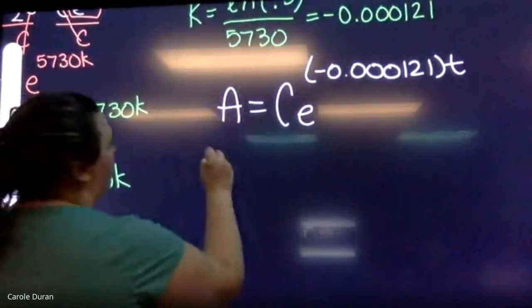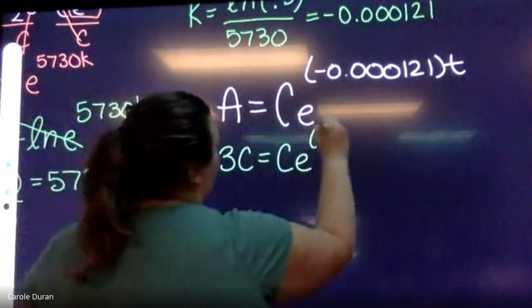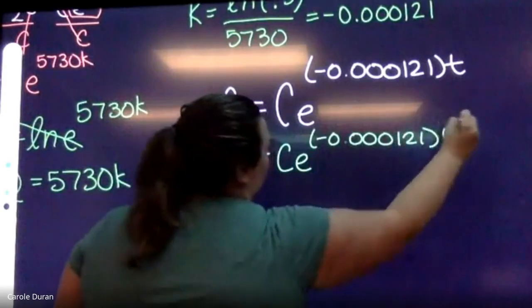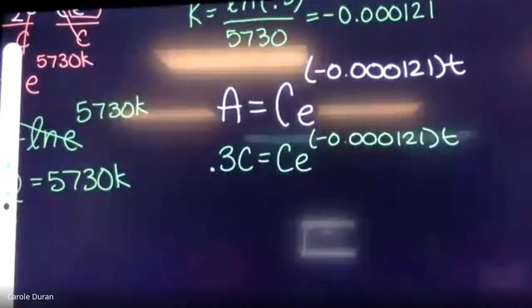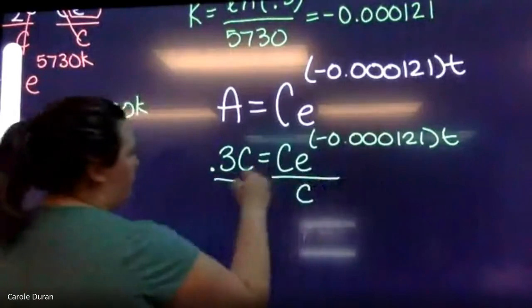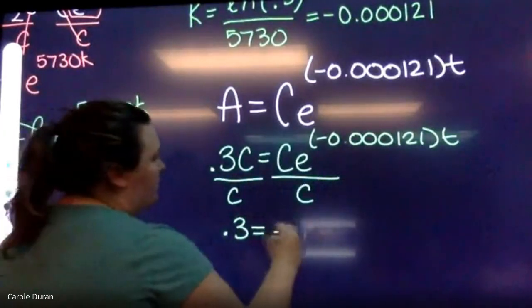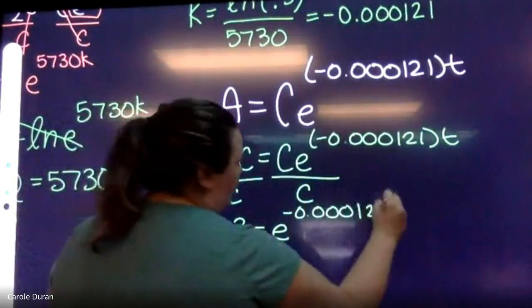So A is going to become 0.3 times C because that's the same as 30%. I'm going to continue just like I did before. We're going to divide both sides by C. When I do, I get 0.3 equals E to this super fun decimal.